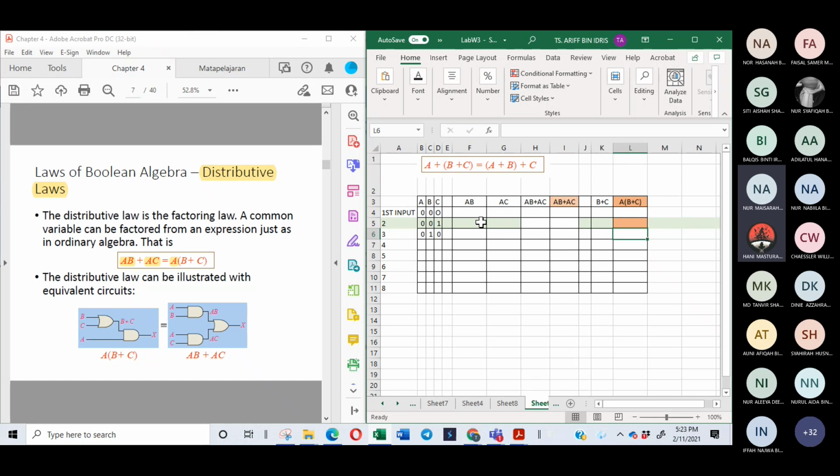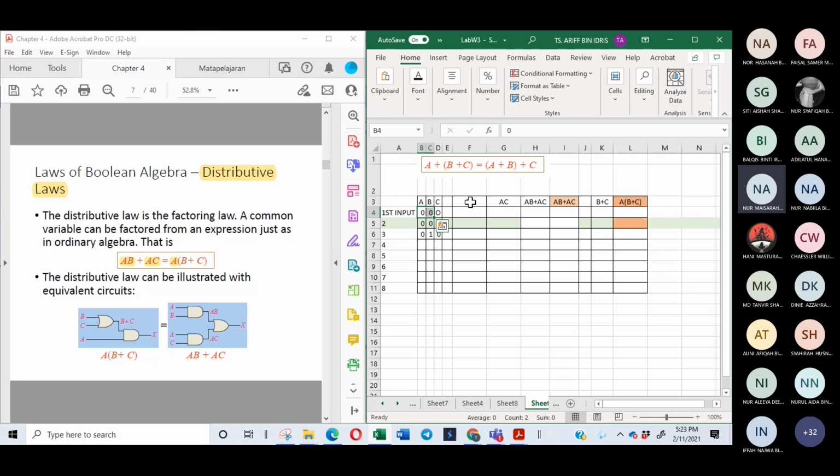You understand what you need to do, class? Are you clear here? Any question? Right. Okay, let's do it together. Firstly you do the AB. A is 0, B is 0.